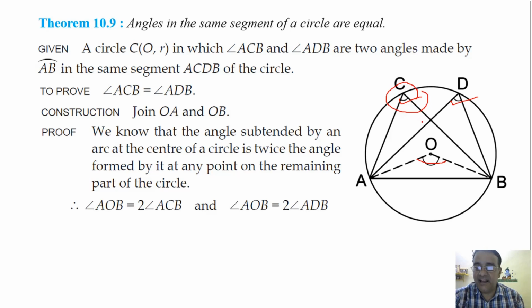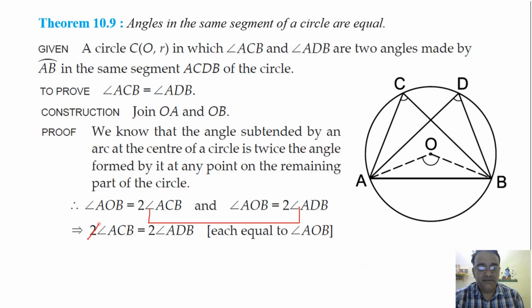Similarly, angle AOB is 2 times of angle ADB. Whether this is clear? Yes, sir. So therefore these two are equal. And if we cancel these two, we'll get angle ACB is equal to angle ADB. Any doubt? No, sir.